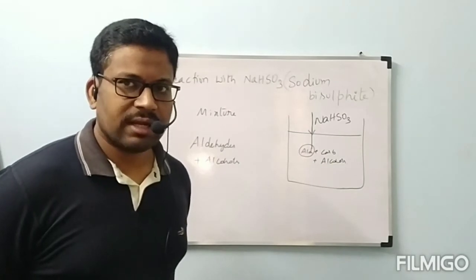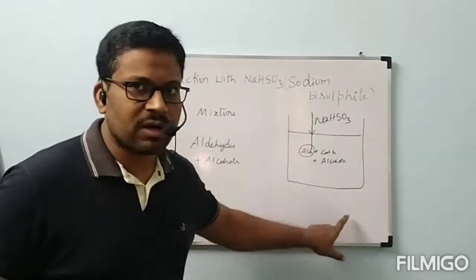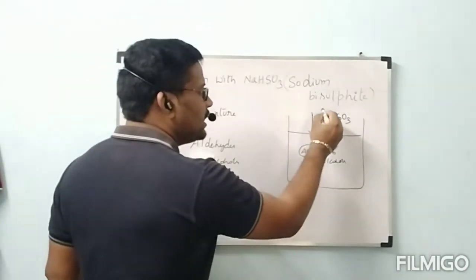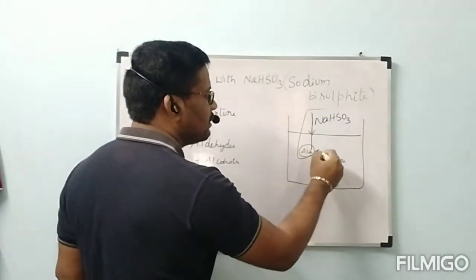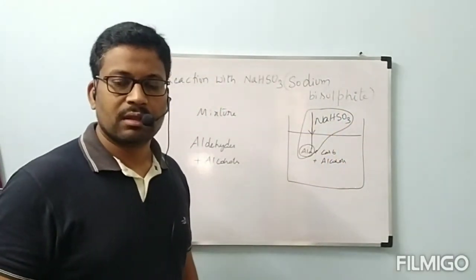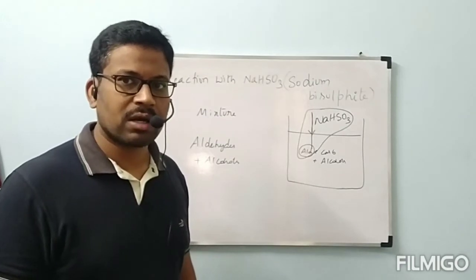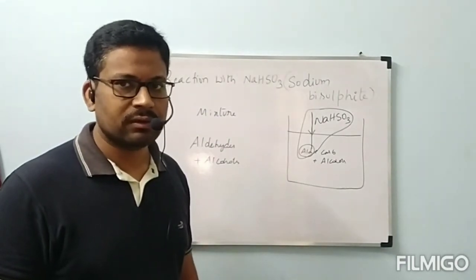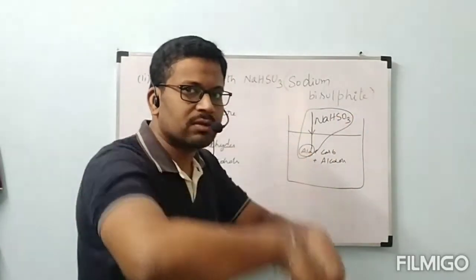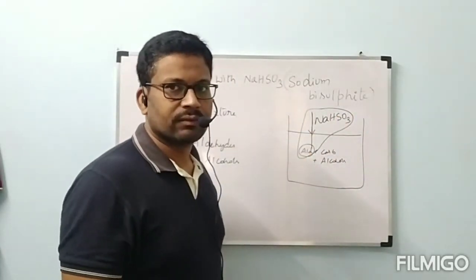If it reacts with the aldehyde, previously we have seen what product is formed. Correct? That product will be formed. So NaHSO3 plus aldehyde will form one product, and that product is water soluble. Then what will we do? After formation of the product, we will add water to the total mixture.